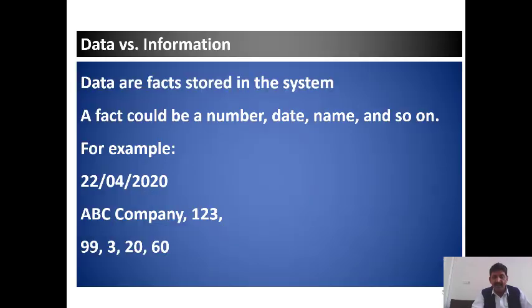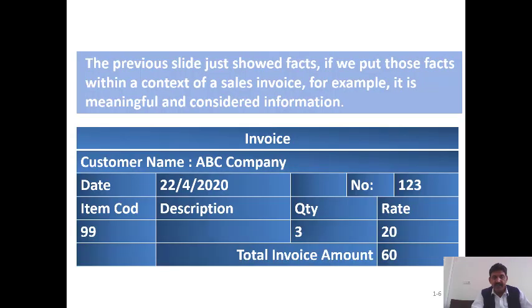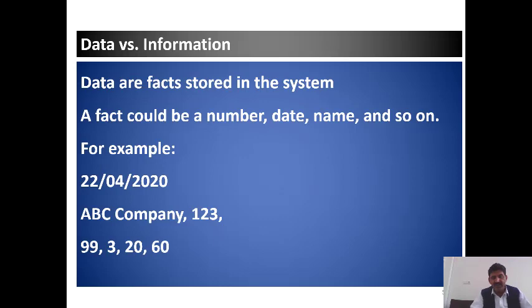ABC company alone has no meaning for us, and in this case it is a customer. So what is ABC company? ABC company is a customer, so it becomes information, and we can make a decision based on it. We can make a deal with this company.